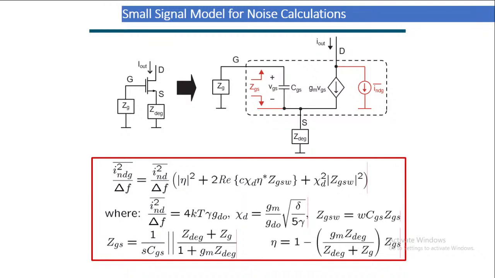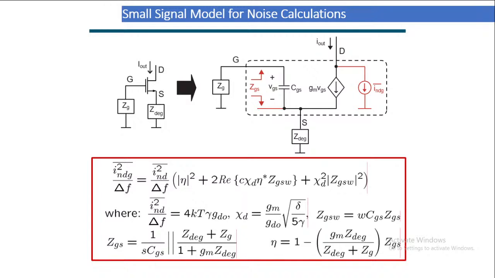VGS is the voltage across the gate source capacitance, and to this device we are connecting two impedances, ZG and ZDEG. ZDEG is between source and ground, and ZG is between ground and gate.